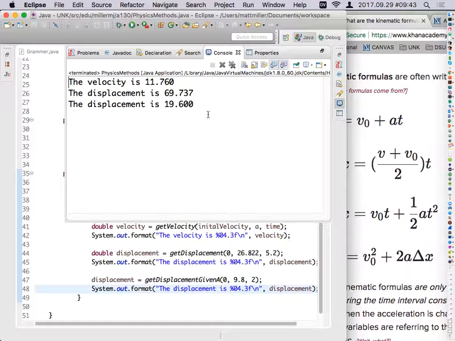Let's try that again. So if I drop something, at initial velocity of 0 and let it fall for 2 seconds, given gravity, it will fall 19 meters. Okay?